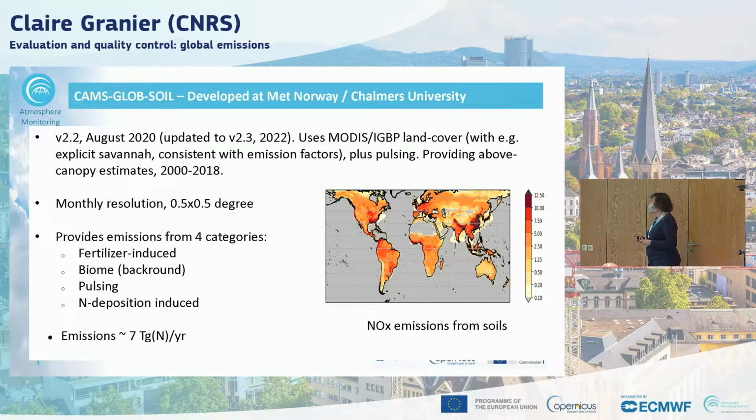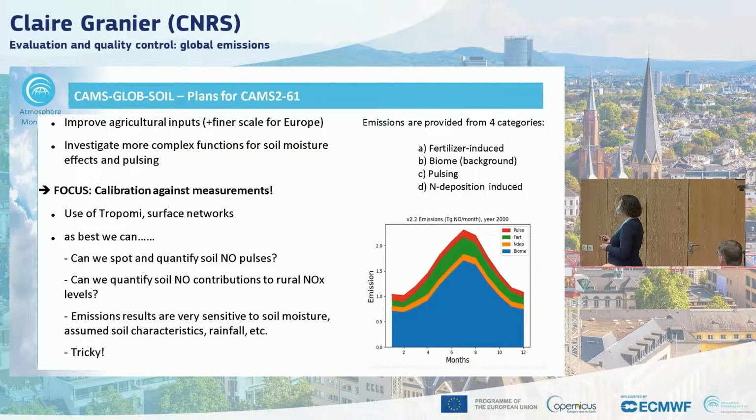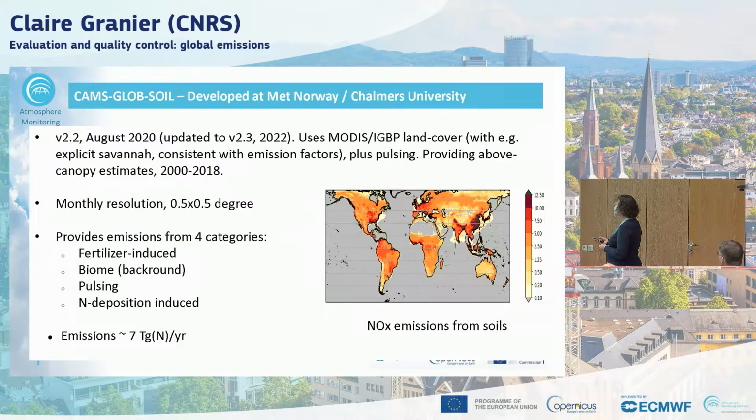Then we have CAMS-GLOB-SOIL, which is the NOx emission from soil developed by David Simpson and his colleagues. We have version 2.2 that was developed in 2020 and will be updated in 2022.